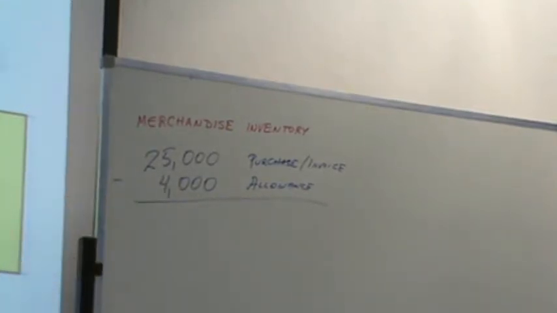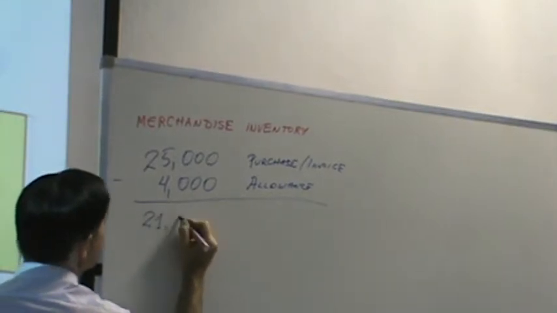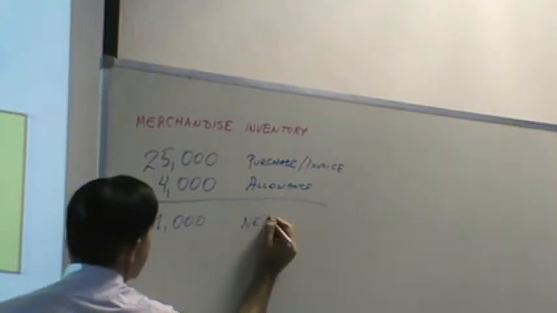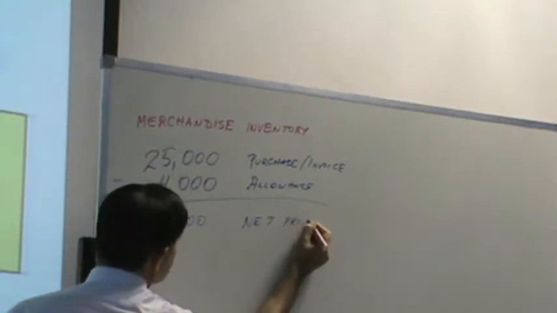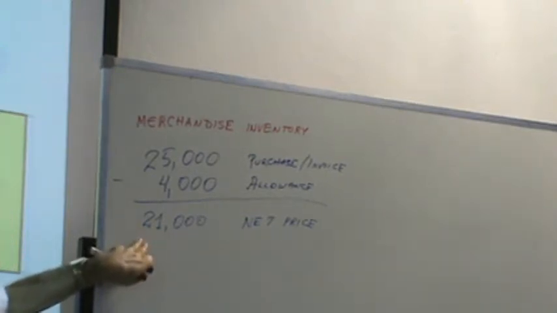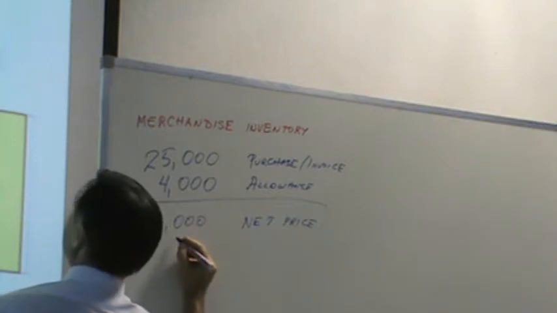So now the net price becomes 21,000. This is the net price. But now you have to net it of discount. Discount is 420.